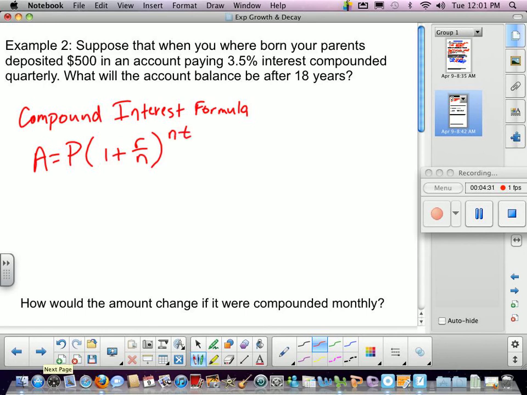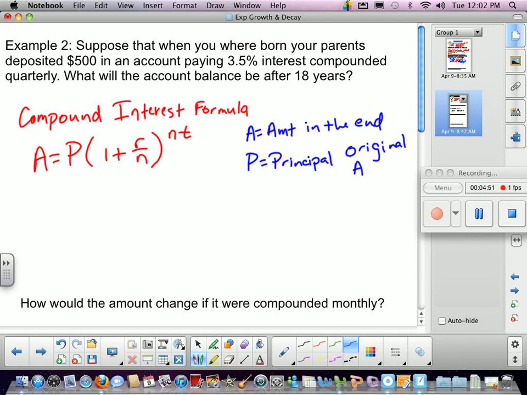Now to the side, we'll talk about this. A is the amount in the end. P is principal, or the original amount. R is the rate, and we're going to change that to a decimal.